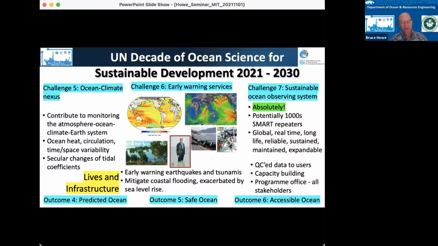So just to hammer home this aspect, we are absolutely addressing components of the UN Decade of Ocean Science, both these 5 challenges, ocean and climate nexus, early warning services, and sustainable ocean observing system.